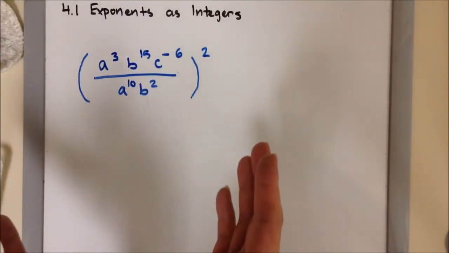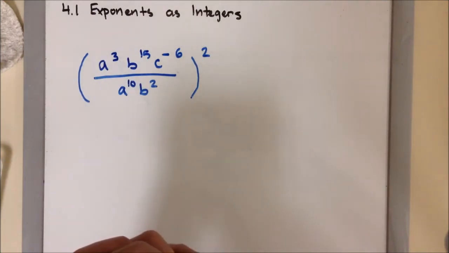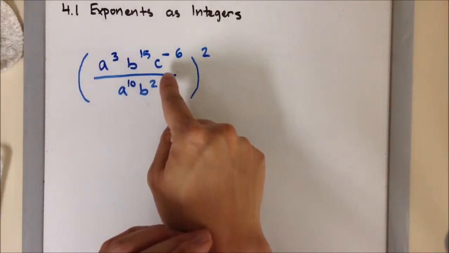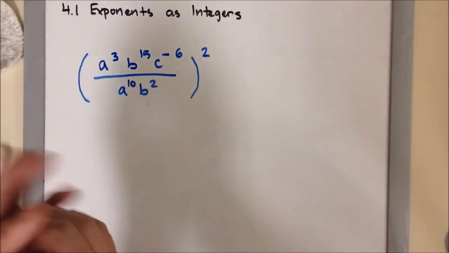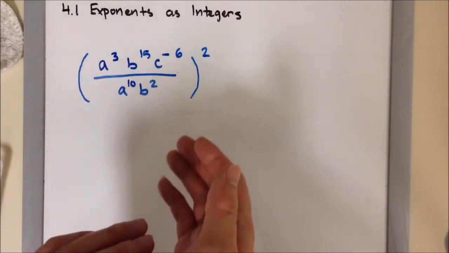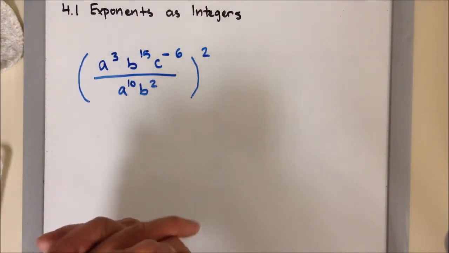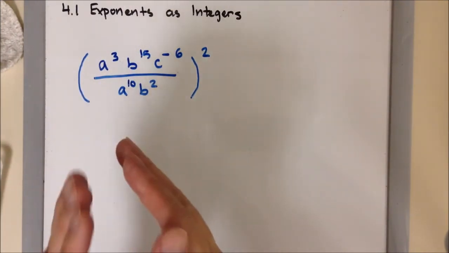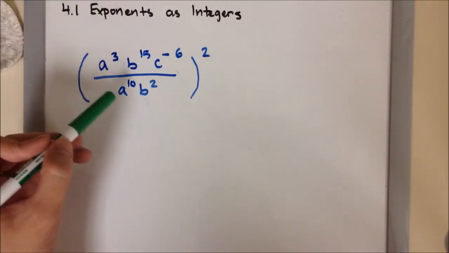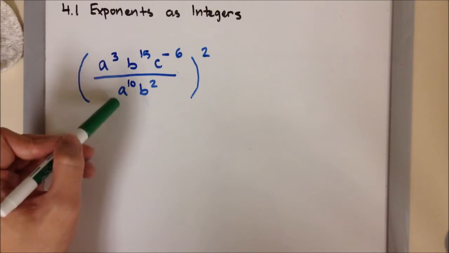So in this example, we're doing the same process as before, but what's different is that now we have a variable with a negative exponent. So we're going to apply the same process as before, but also apply the law of negative exponents. Let's do some steps one at a time. So my a's, I have multiple a's.